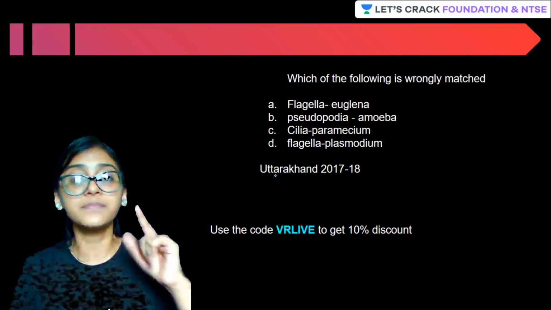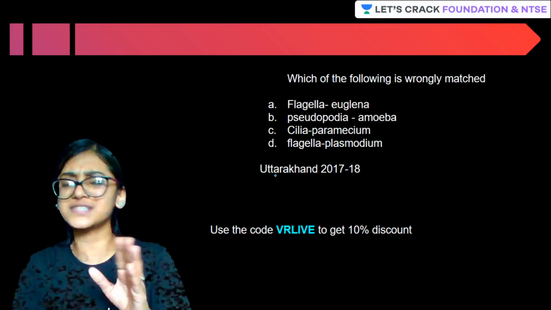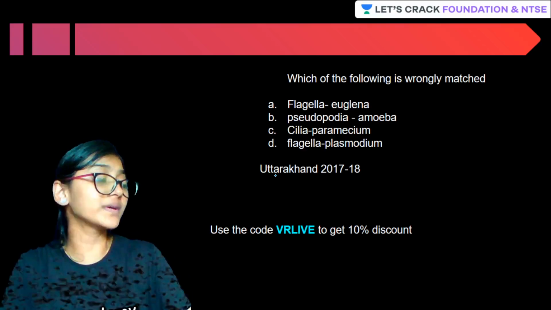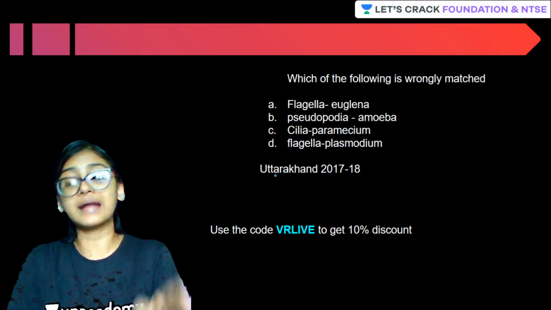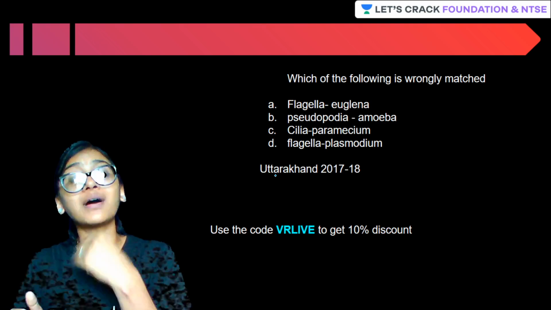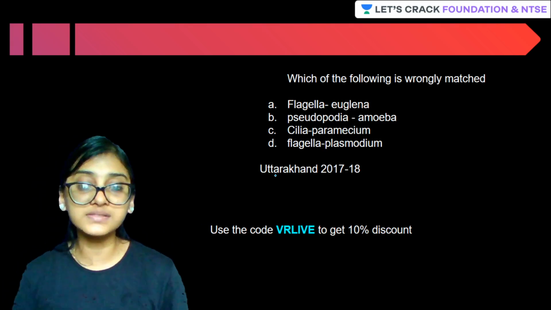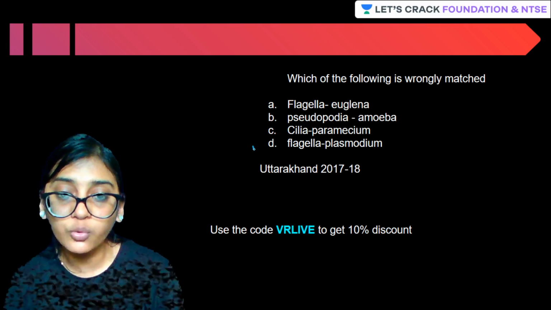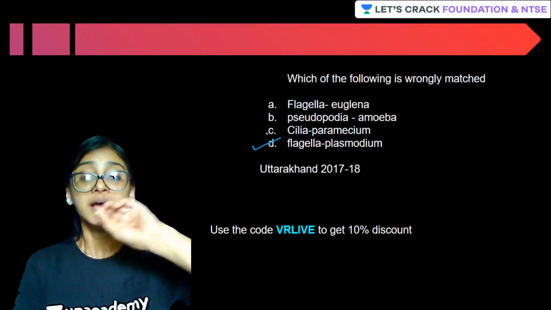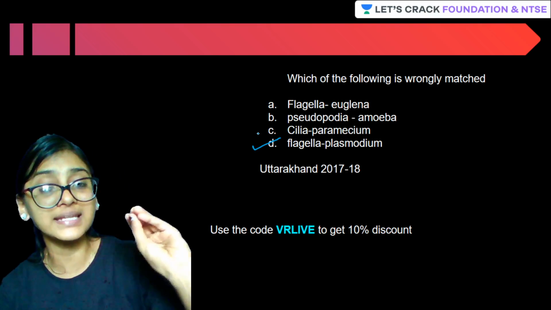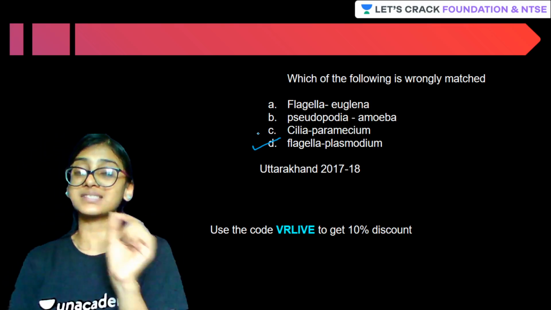So cilia, paramecium, all of these are protozoans. Then we have also studied fungus-like Protista, slime moulds and so on. So the answer should be Plasmodium, flagella. Plasmodium does not have any locomotory structure. We had discussed this as well.